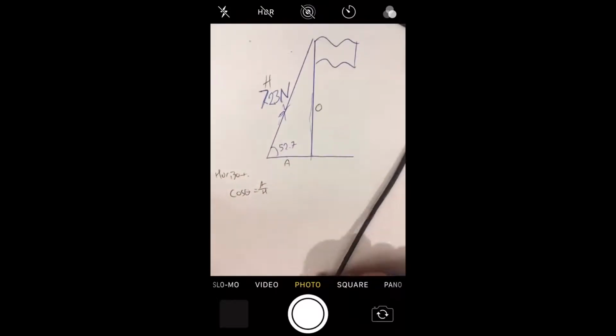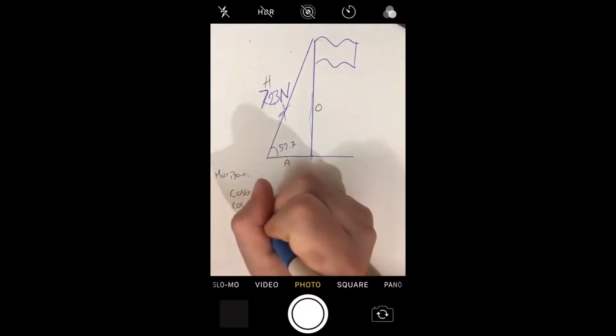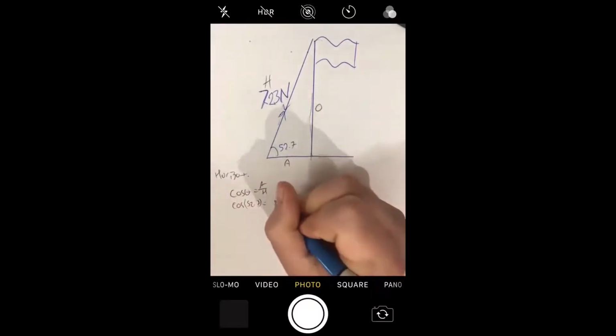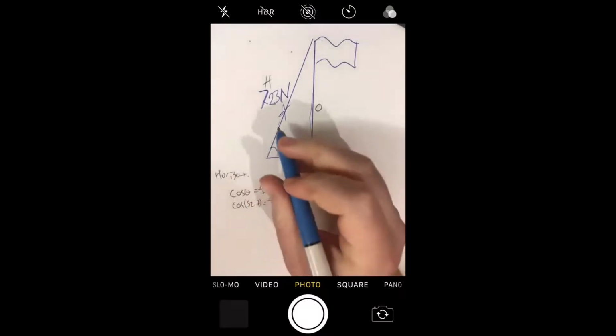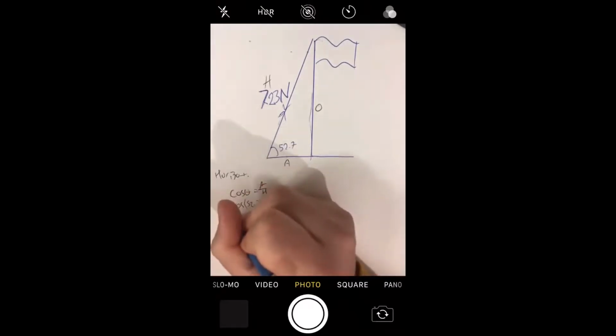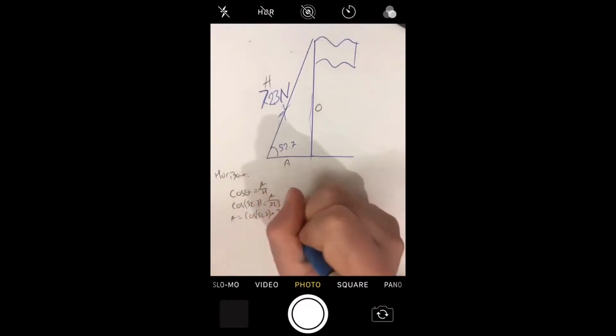That means cosine of 52.7 equals the adjacent over 723, which means our horizontal component is going to be cosine 52.7 times 723.